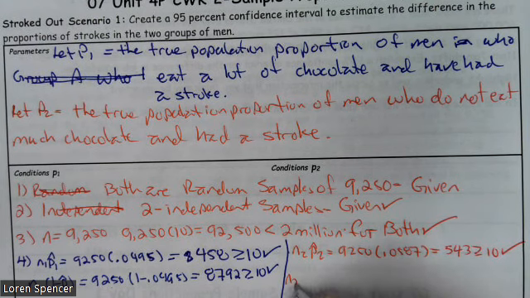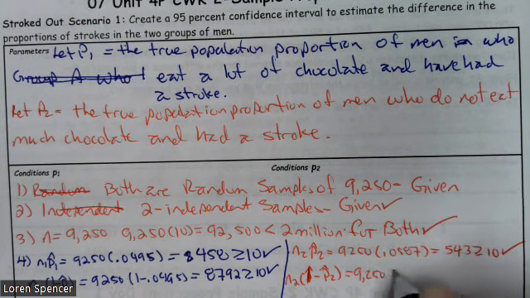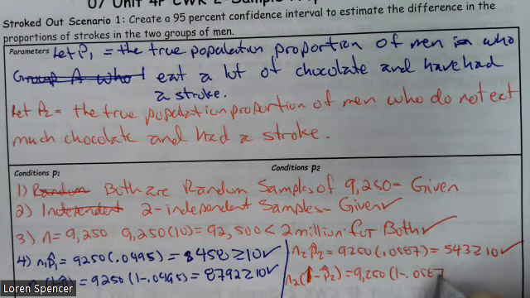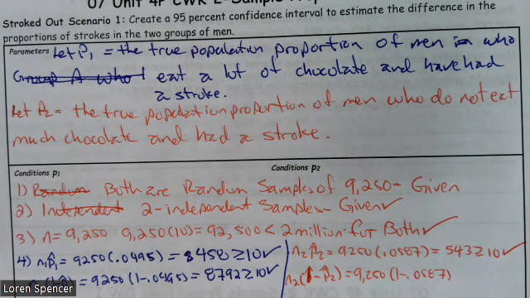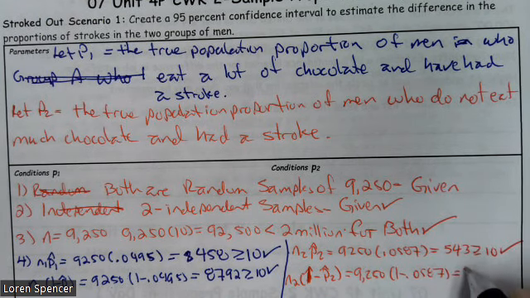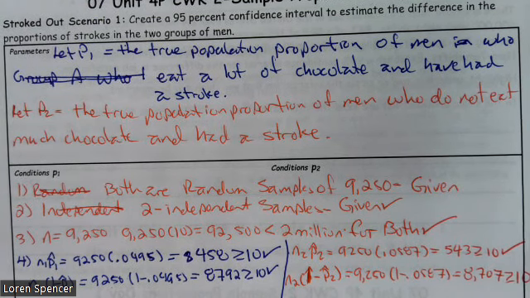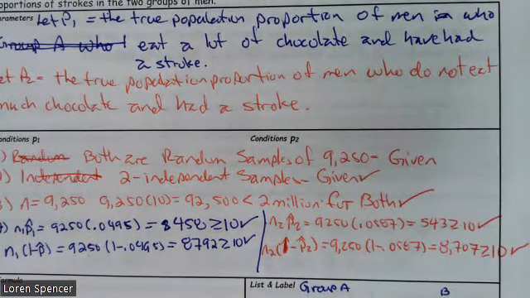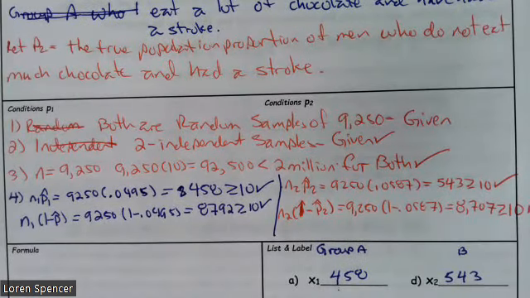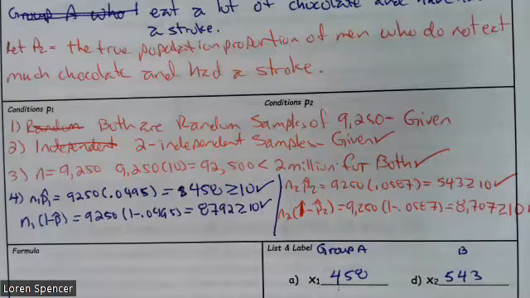Then n2 times 1 minus p hat 2 equals 9,250 times 1 minus 0.0587, and that equals 8,707, which is greater than 10. So far we've met our normality. The samples are large enough, and if I were in AP, I would say the samples are large enough.